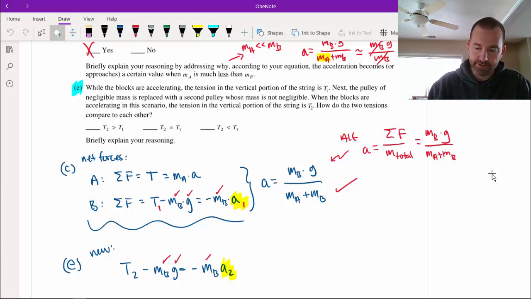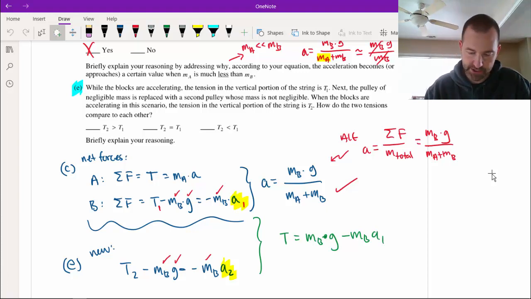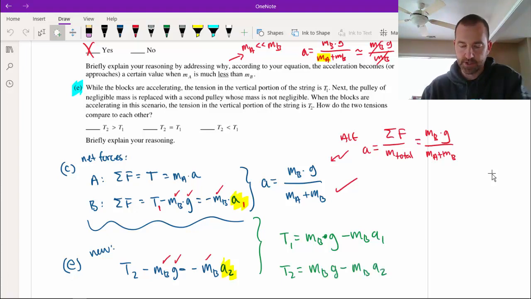So let's go ahead and rewrite these equations down below here. I'm going to write it as T1 equals mb times g minus mba1, just rewriting it in terms of tension. And then tension 2 is going to be mbg minus mba2. So it really comes down to tension is a function of acceleration.